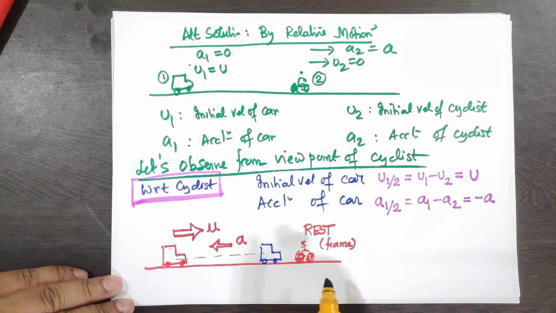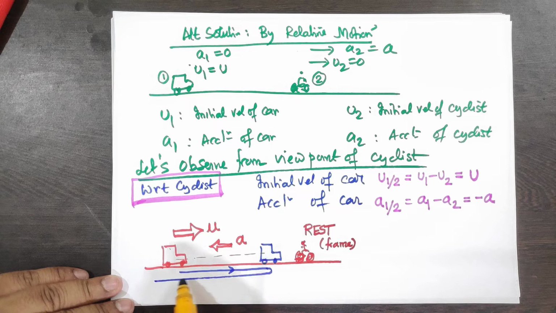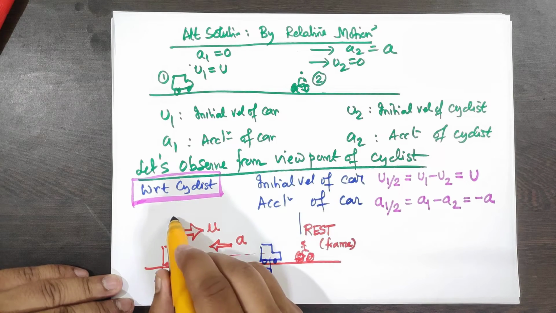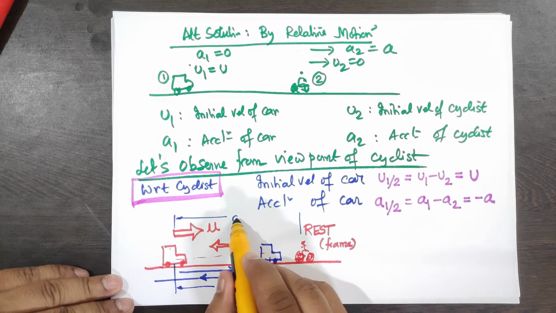That means this is the path of the car with respect to the cyclist: initial velocity u, then acceleration, so it has to come to a stop, and then return. So this stopping distance is, see, the distance between the car and the cyclist was d.